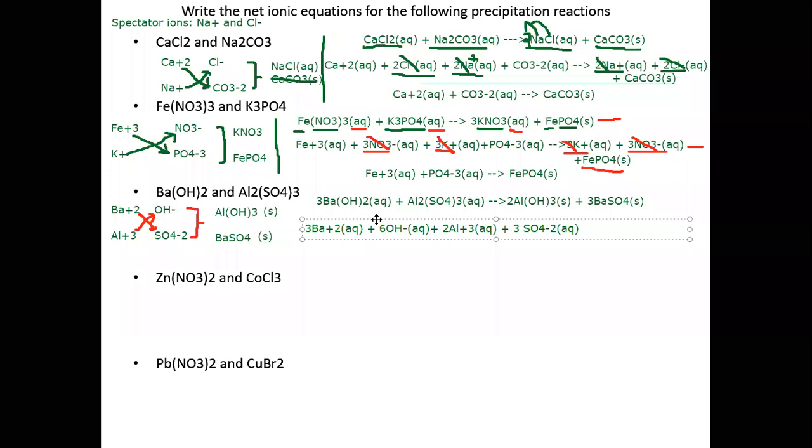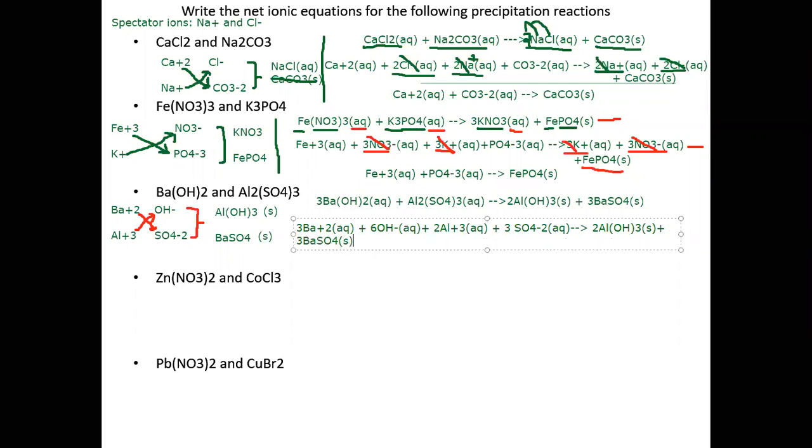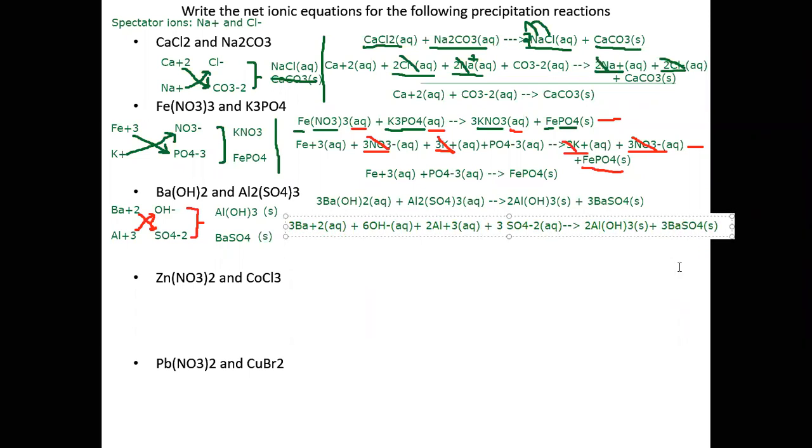And now we do the products, but notice that both products are solids, so we keep them intact. And now in this example, notice that we can't go any further because both the products are solids, so the ionic equation is the net ionic equation.